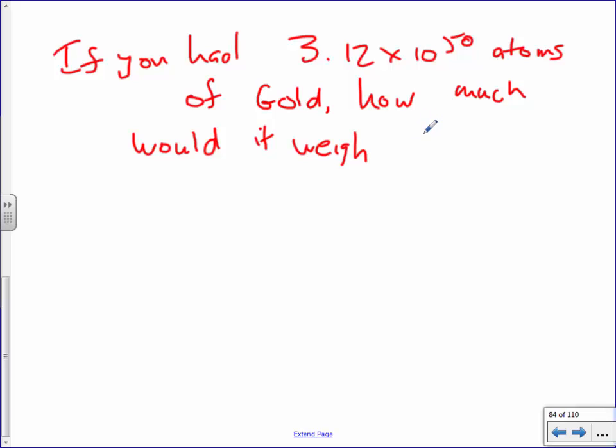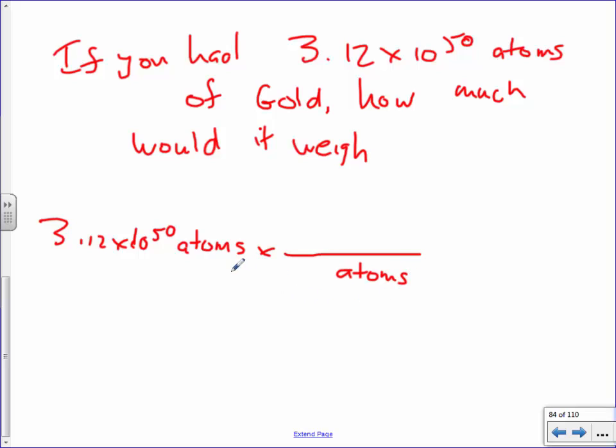So first place I might start then. Let's write out 3.12 times 10 to the 50 atoms. I don't really want to work with atoms anymore. So I'm going to put atoms on the bottom of my fraction so that it can cancel. Does that make sense?